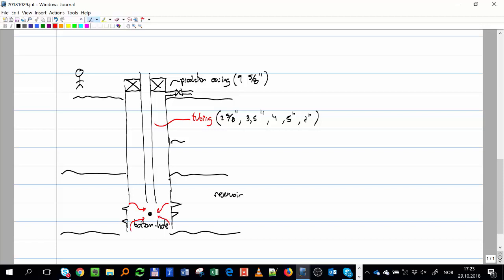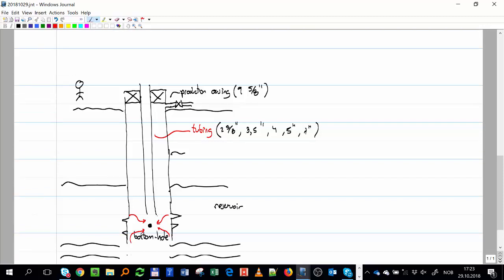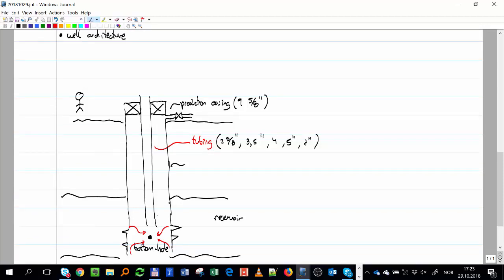Okay, what is the next point on my system? Or what else should I include on my well? Now comes the interface of the well with the surface. I don't normally send someone down here to control the well, but I use a structure that I call the Christmas tree, right? So what does the Christmas tree contain?